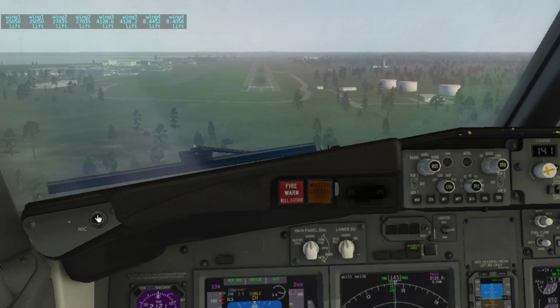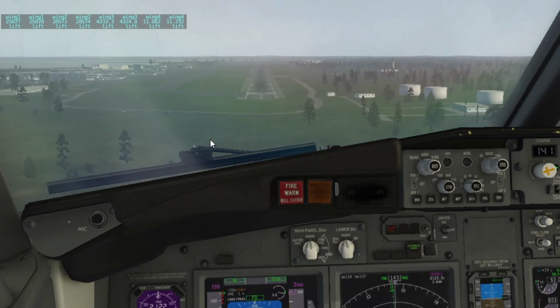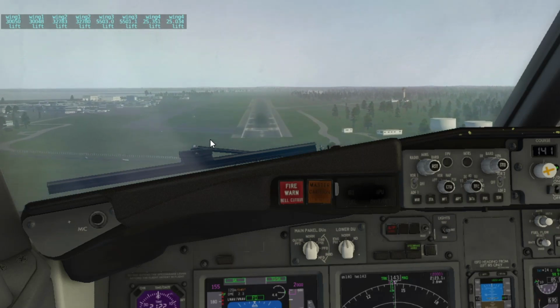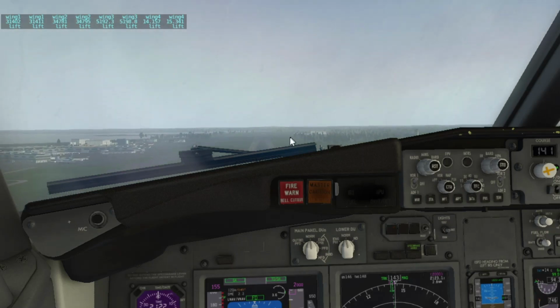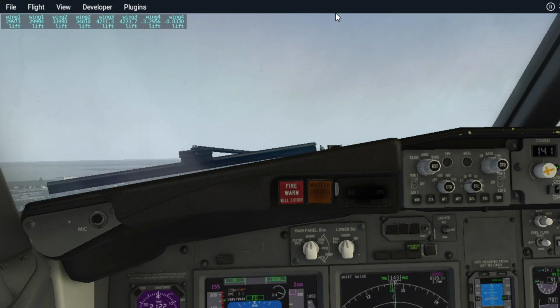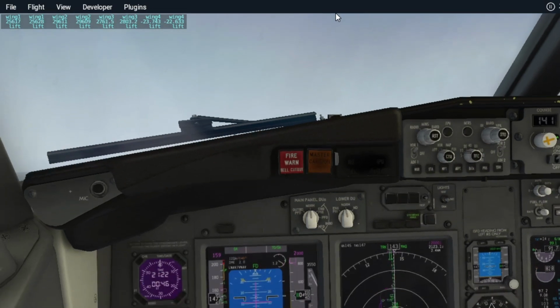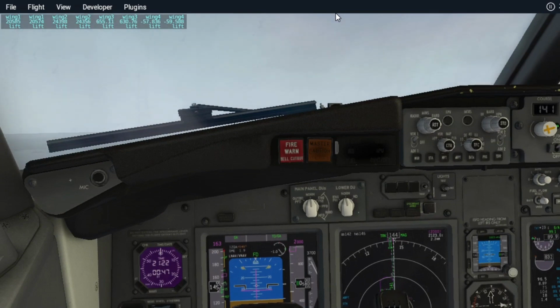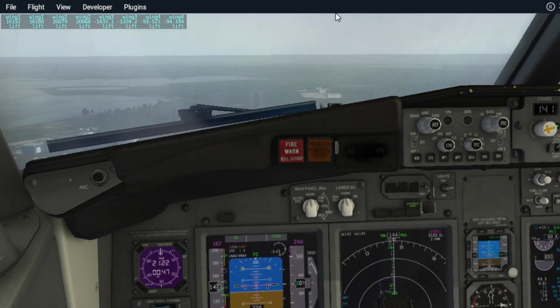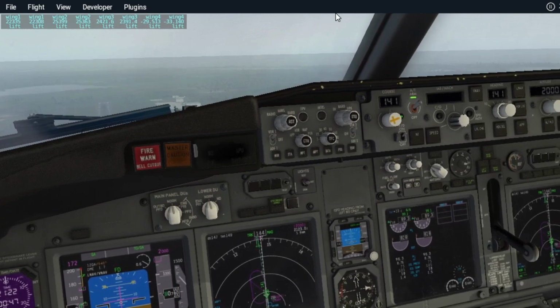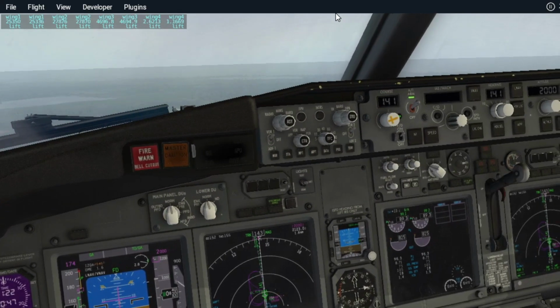Minimum. Go around. Set go-around thrust. Flaps 15. Positive climb. Gear up.